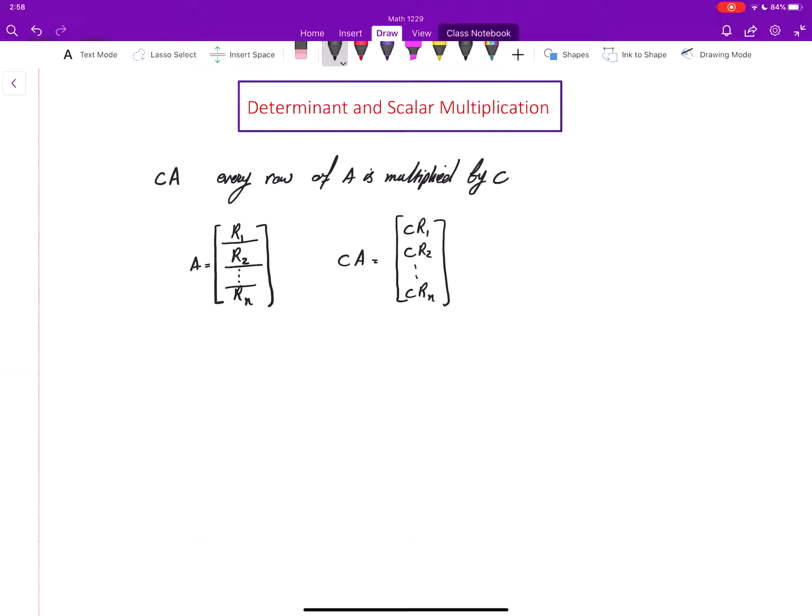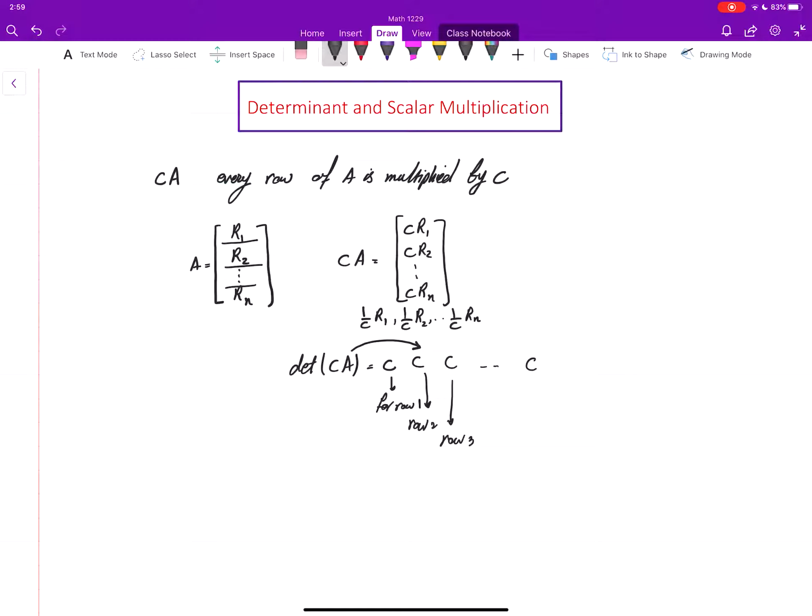Now, if you're finding the determinant of CA, we have to multiply every row by 1 over C to get into the matrix A. In other words, we have to factor out C from each one of these rows, and each one will give us a C. So it gives us C for row 1, another C for row 2, another C for row 3, and so on up to row n.